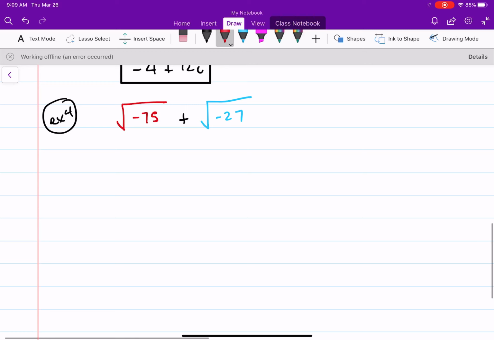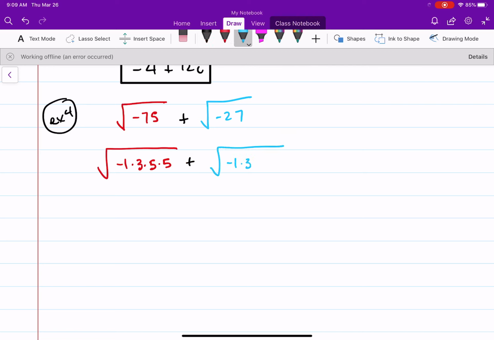Okay, so square root of negative 75 would break down to square root of negative 1 times 3 times 5 times 5. Okay, breaking it down to primes, plus the square root of negative 1 times 3 times 3 times 3.